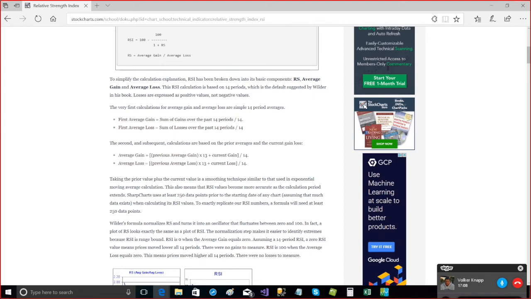So instead of recalculating the whole thing like he does in the first period, he just takes the previous value, multiplies it by 13, and then adds the current gain or current loss, and then divides that by 14. So if it would be a 20-period RSI, you would take the previous gain, multiply it by 19, add the current gain, and then divide it by 20. So it was an easier way to manually compute the RSI.